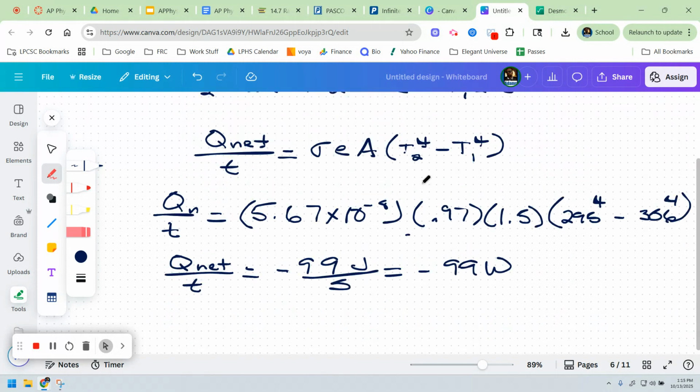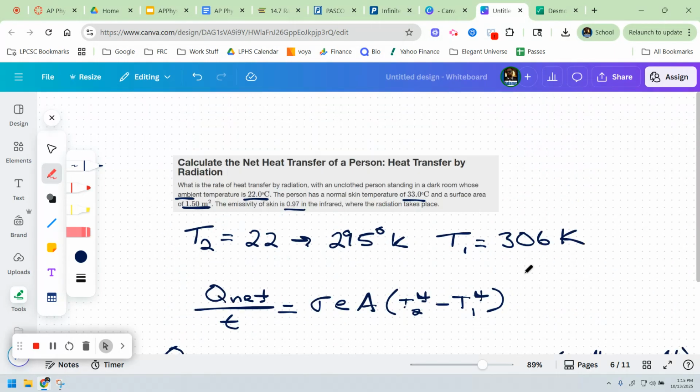The negative 99 means that you're transferring the heat away from you, okay? You're going to be colder at the end of this process, right? Your body will generate more heat, but you'll be colder at the end of this process. Does that make sense?